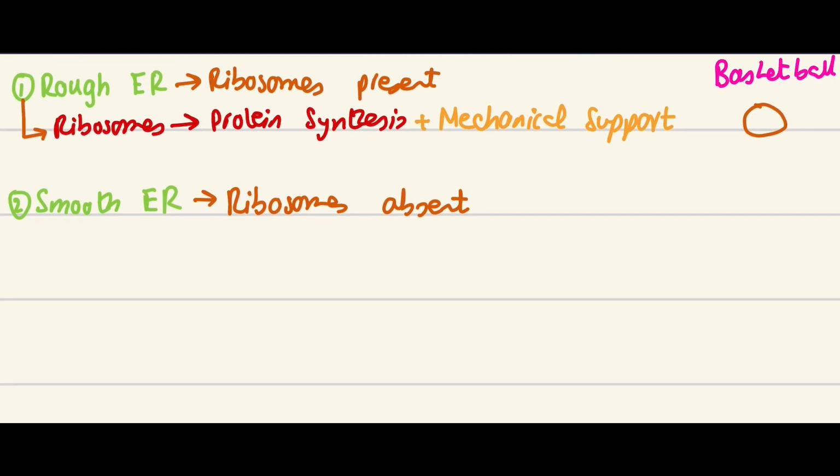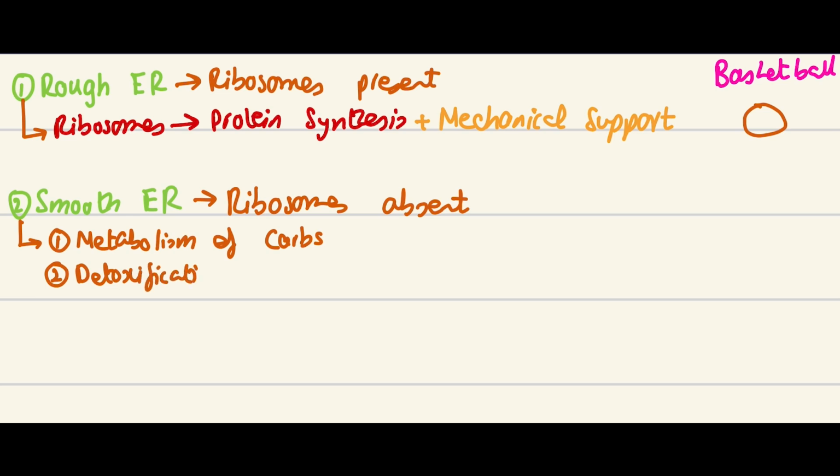So the smooth endoplasmic reticulum actually has more functions. The first thing is that it's involved in the metabolism of carbohydrates. It's involved in the detoxification of drugs and also poison.